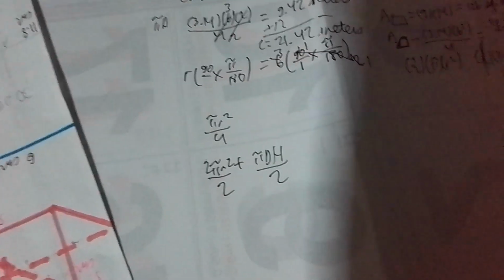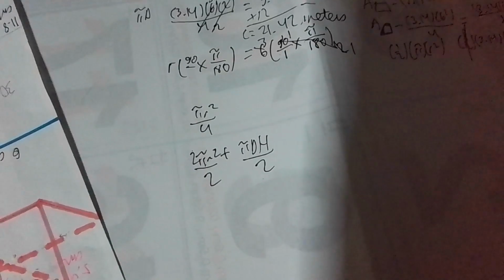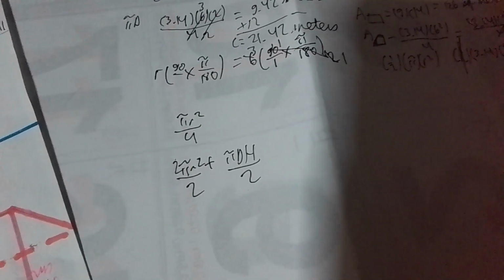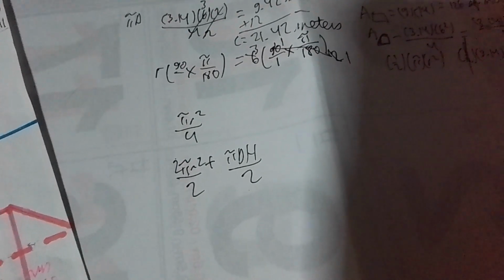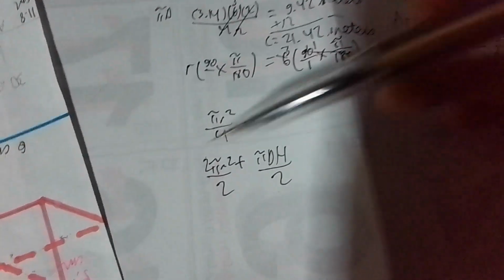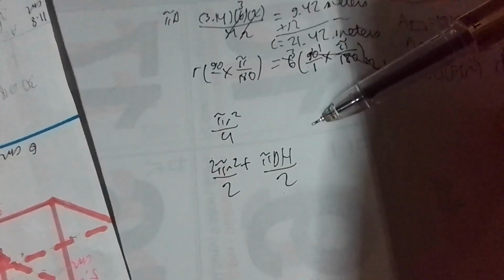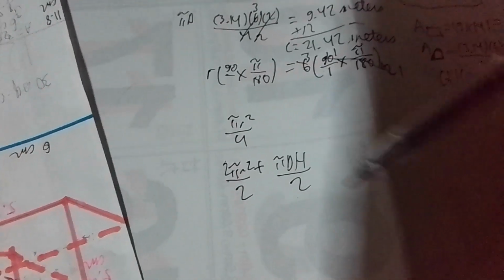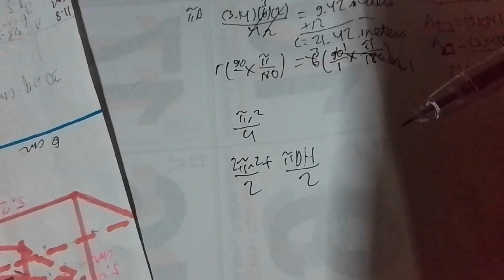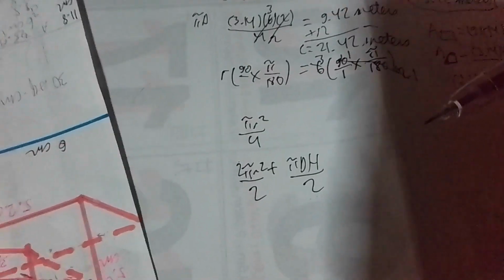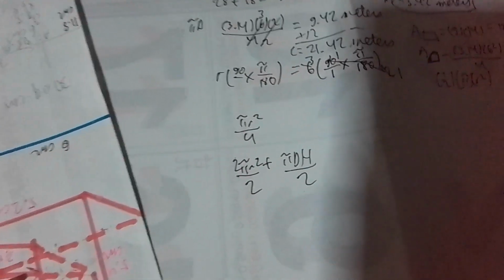So therefore, that's the formula: 2 pi r squared plus pi times d times h. Alright? Then you can divide those by 2. You can also put all of this formula together, sum it up, and at the end, divide by 2. Or you can do it this way to individualize. That simple. Okay? So now, let's work on this.